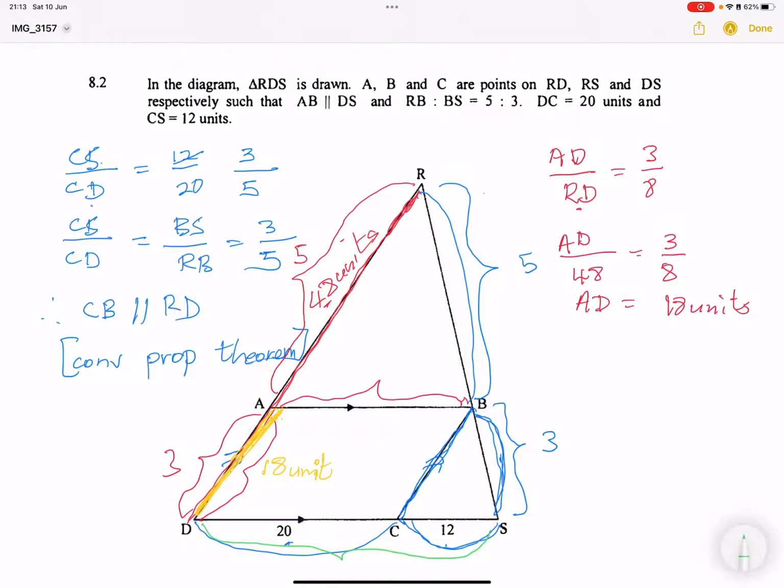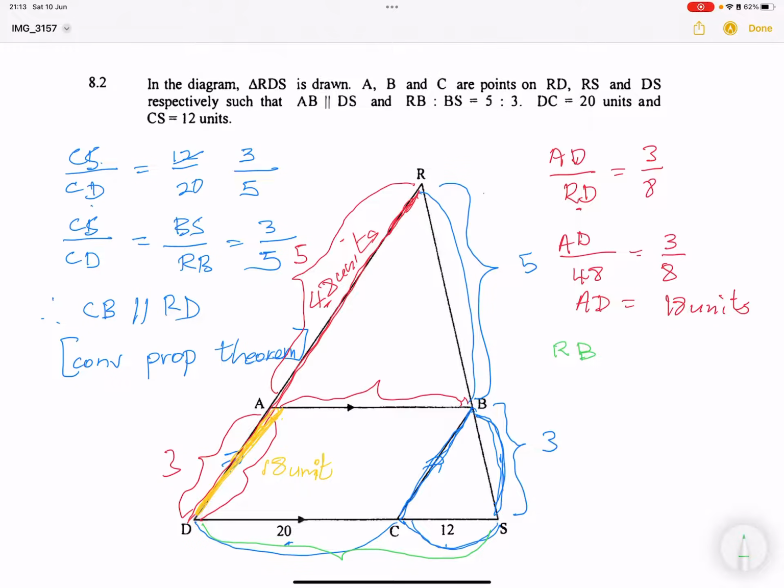So again, if I take in my triangles, let's say RB. So RB is for the smaller triangle, RAB.